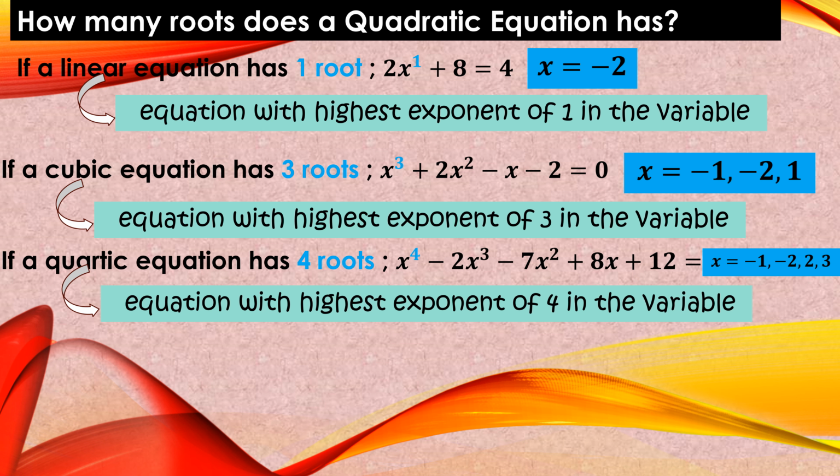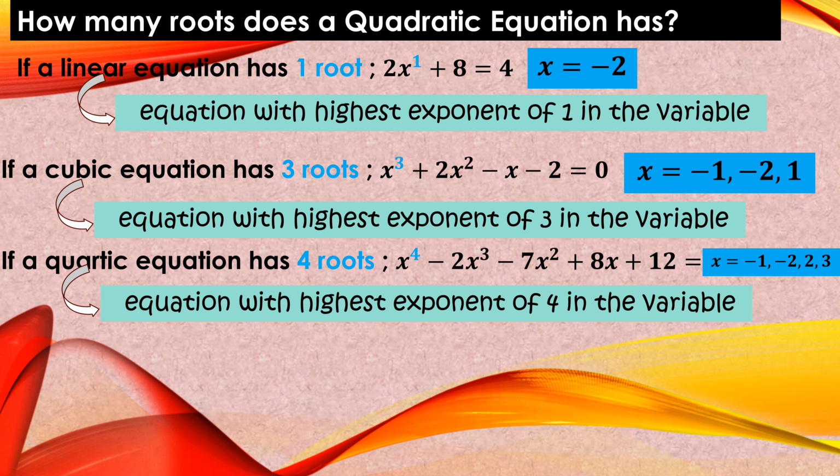As you have seen, a linear equation has only one root. A cubic equation has 3 roots, as we have in the given. And a quartic equation has 4 roots, so there will also be 4 values of x that will possibly satisfy the given equation.